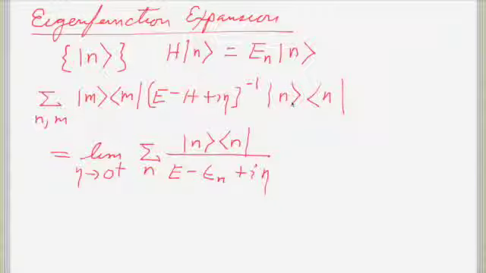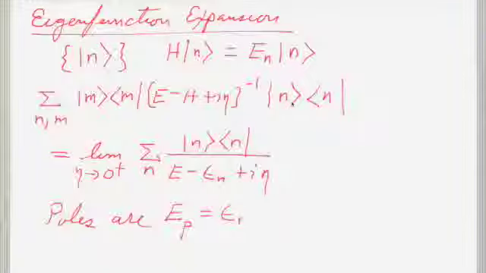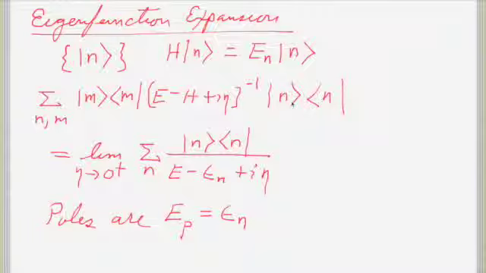So the poles are specifically when E_p, that's a pole, would be an eigenenergy E_n minus I eta. Those are the poles of the retarded Green function, slightly shifted off the real axis into the lower half plane.